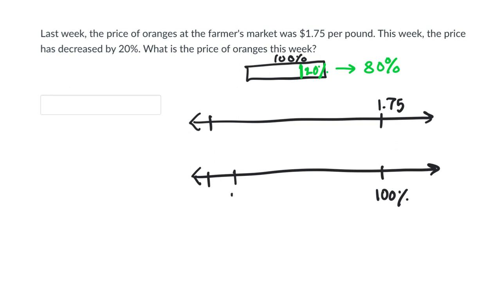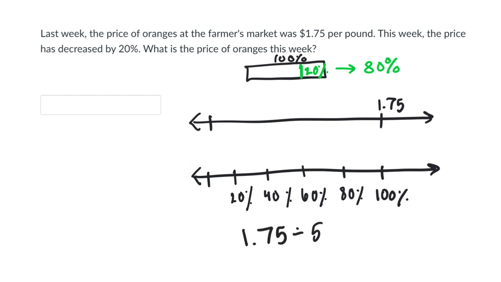So we would have 20%, 40%, 60%, 80%, 100%. All right, so if we break these up into 1, 2, 3, 4, 5 increments, then we're also going to divide our 175 up into 5 increments. That gives us 0.35 for each increment.